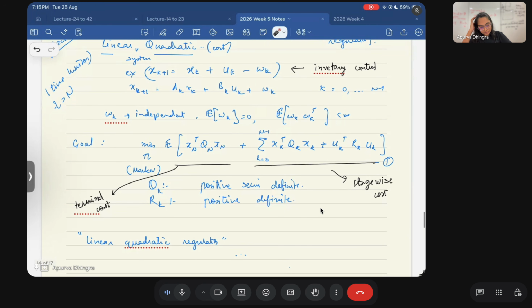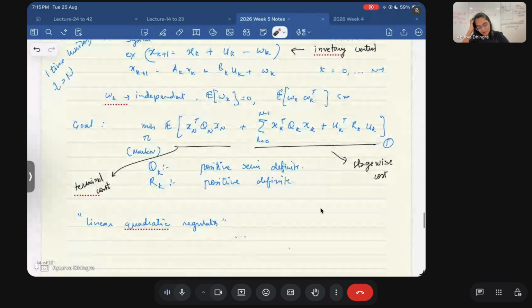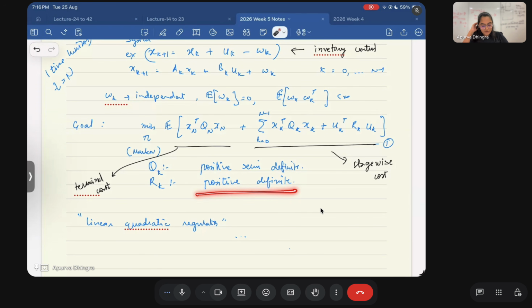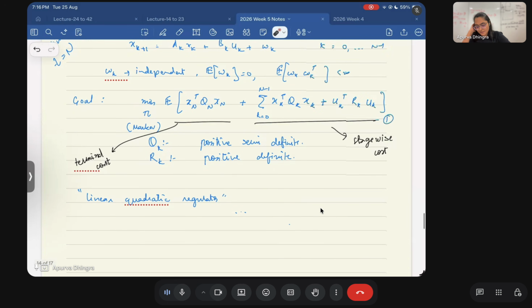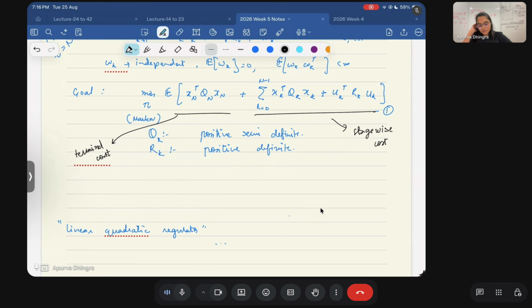Now here you notice there are two more matrices. These two matrices have to satisfy certain properties. Q has to be positive semi-definite, and R_k, which is this one, has to be positive definite. Why are we saying they have to be this way? This makes sure that the optimization has some kind of constraints.